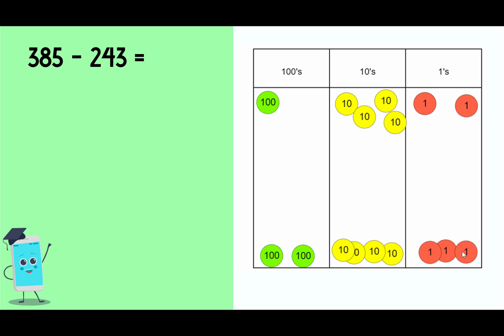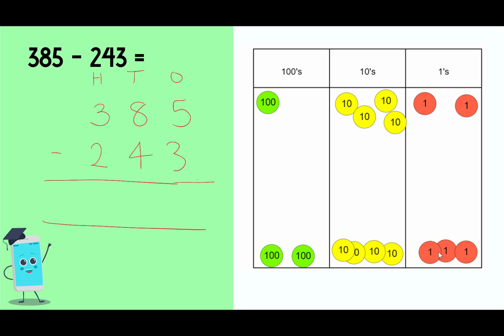Here we have 385 take away 243. Using the written method, I would make sure that I line up my digits above each other so that my ones, tens and hundreds are lined up above each other, just like in my place value chart with the place value counters.